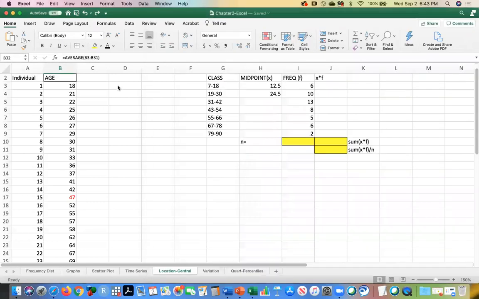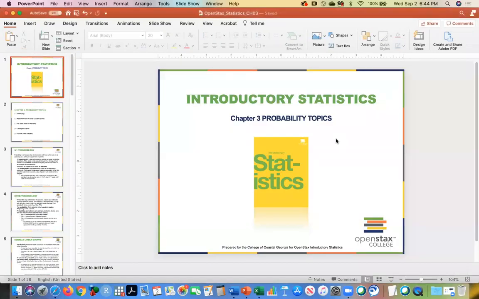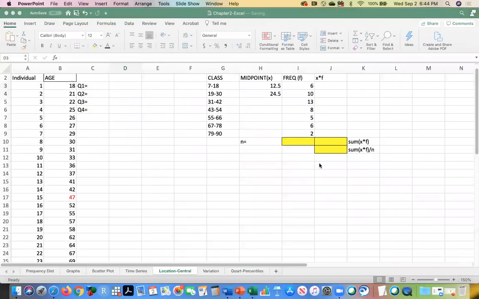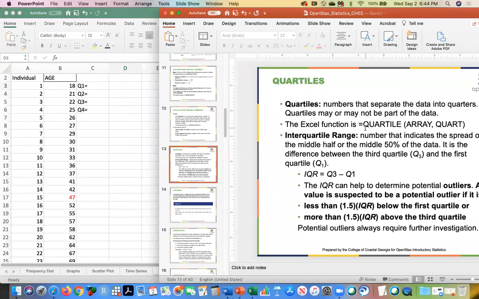We are going to do two exercises regarding this case. I'm going to find quartile 1, quartile 2, quartile 3, quartile 4, okay? So how do I do that? Well, we have an Excel function that can be used for that. I'm going to ask Excel to find the quartile.